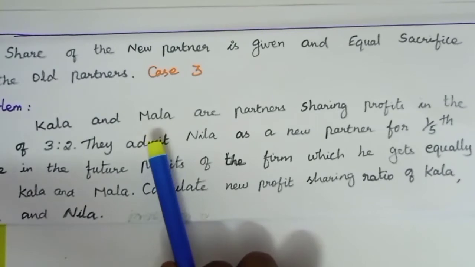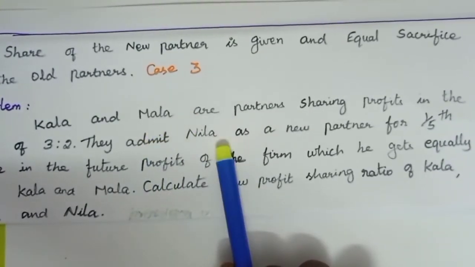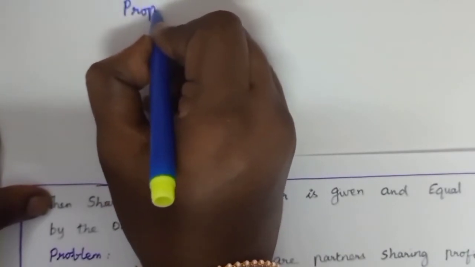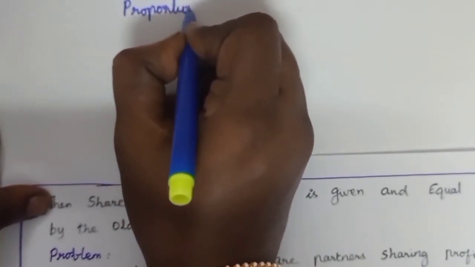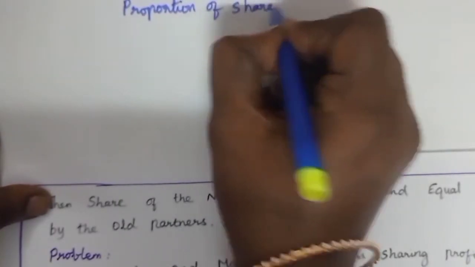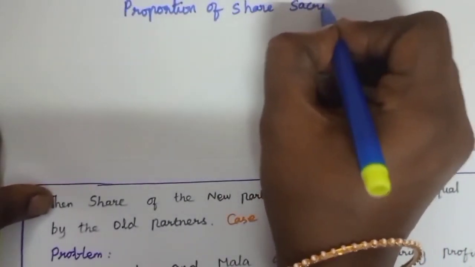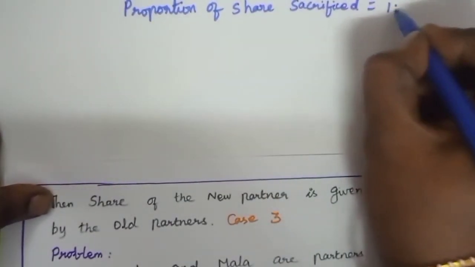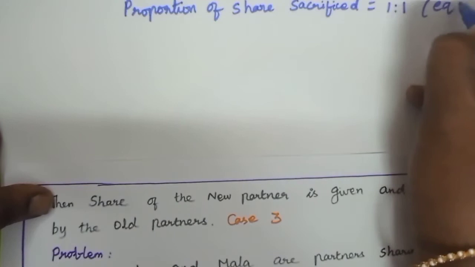In this case, how to determine new profit sharing ratio? Start with the proportion of share sacrificed by the partners. Proportion of share sacrificed is equal proportion, that is 1:1. Equal proportion.